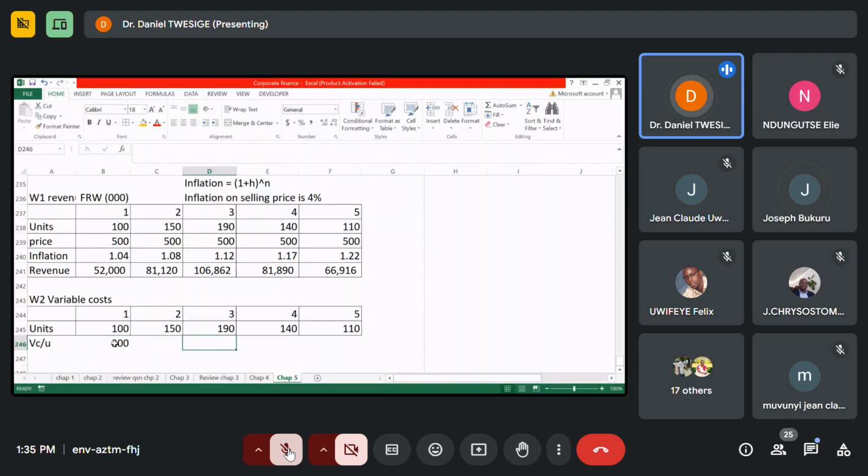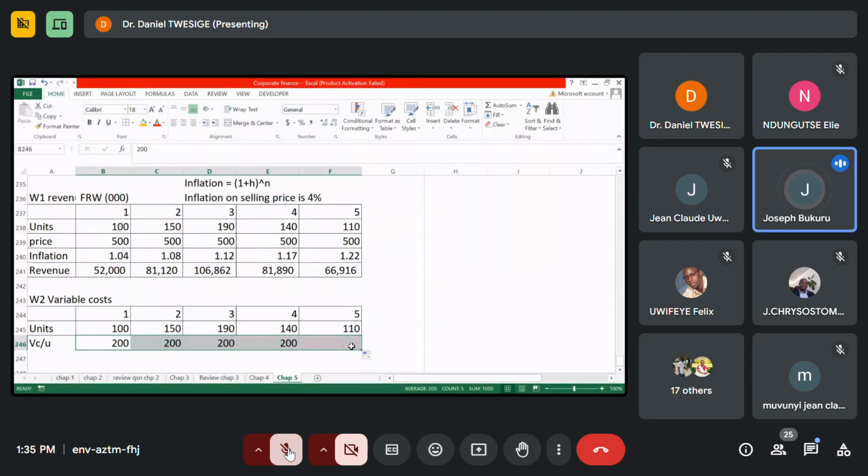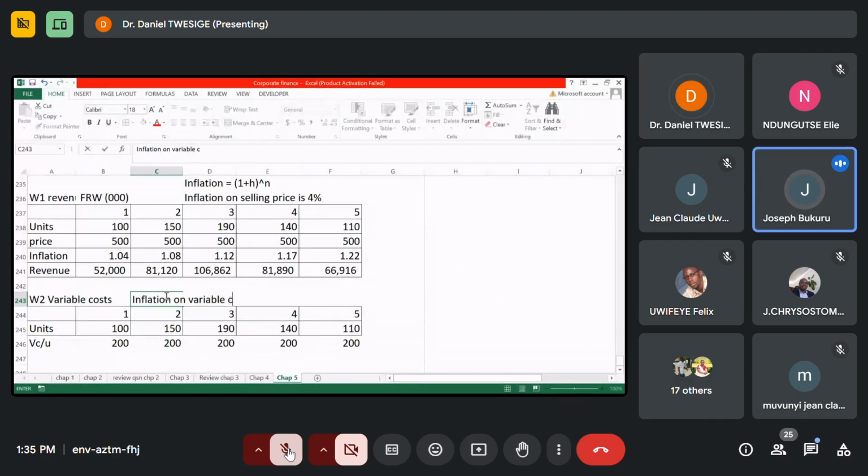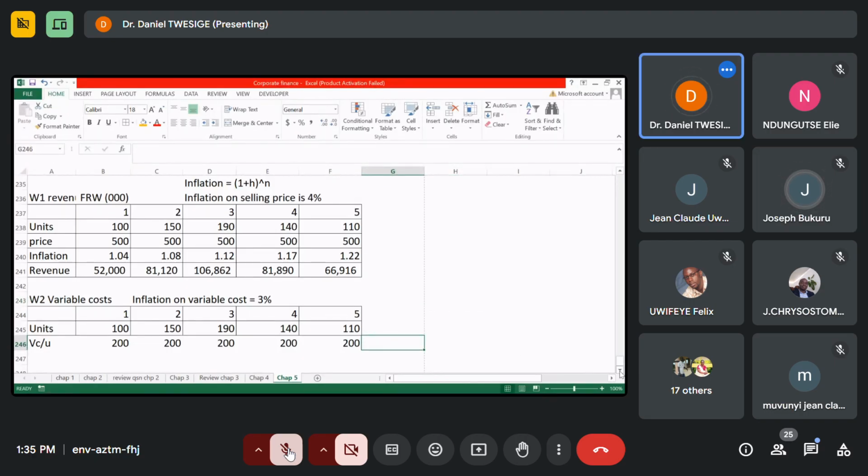That's the variable cost per unit. Then inflation on variable cost is 3%. Please mute. Inflation on variable cost is 3%.